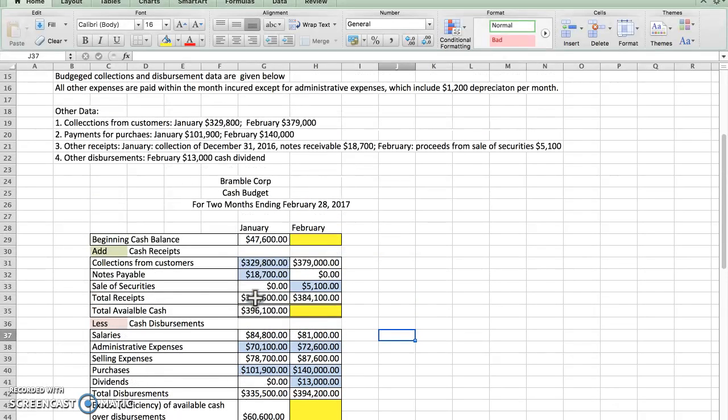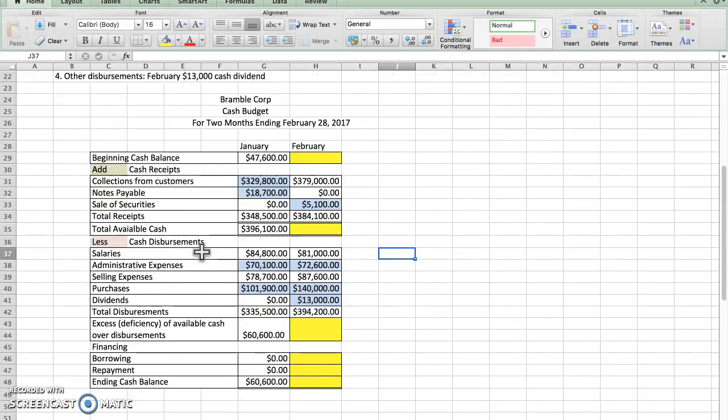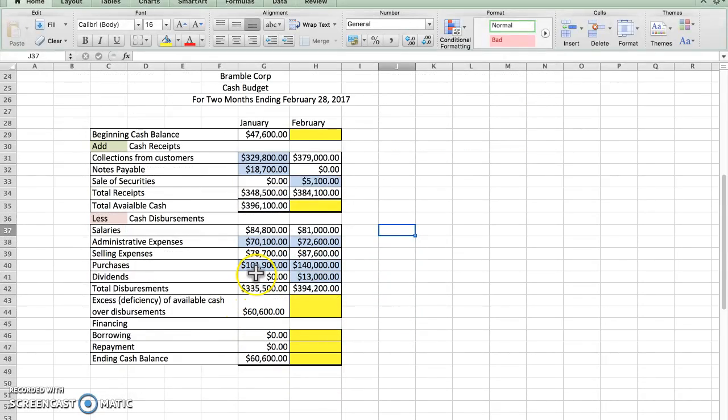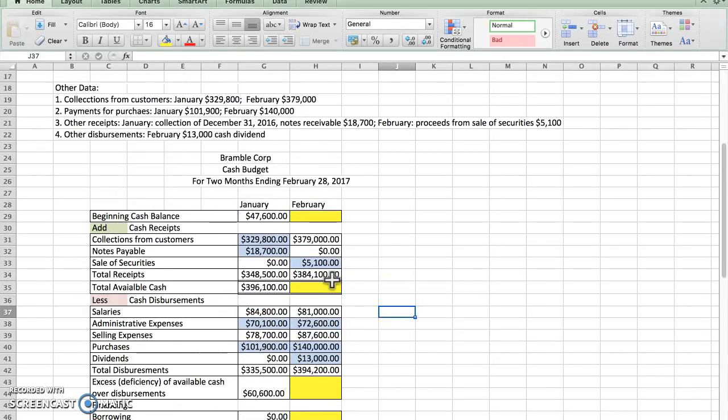Purchases, if you remember, that's not that we bought things, but that we made payments on the purchases. So here's our payments on our purchases. Dividends, we only paid out in February.